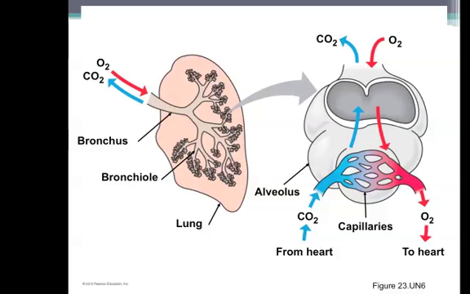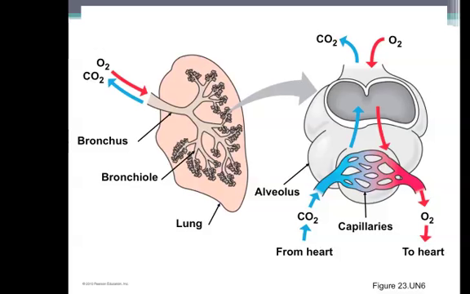This one also, I put this in because I thought it was a nice picture. You can see on the left the bronchus, the O2 going in, CO2 going out. Then you see the bronchioles, they're the smaller tubes, and the little alveoli, which they show in the picture on the right. So we're looking at one lung, and we're looking at the alveoli on the right.